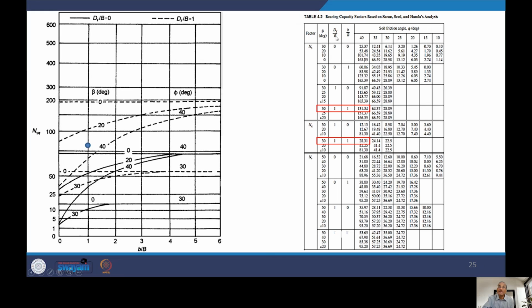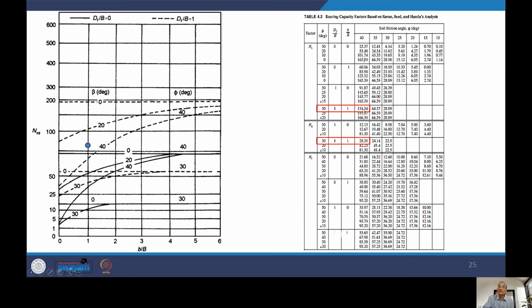This is the case when D_f by B is also 1 and B by B equal to 1. So the value of N gamma is 131.34. Similarly, N_q when D_f by B equal to 1 is 28.3.